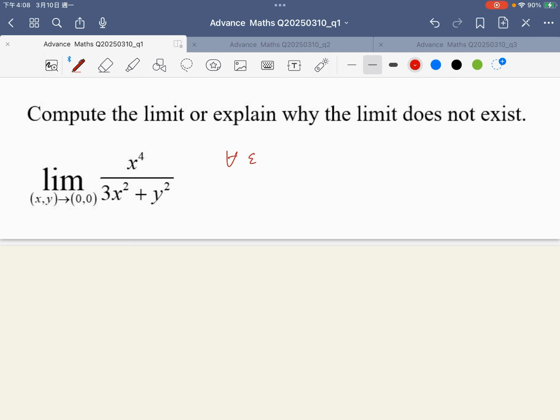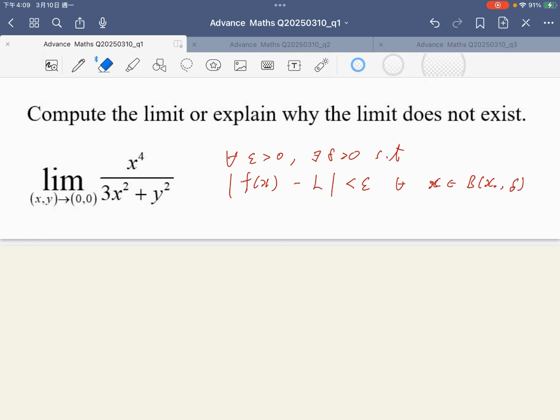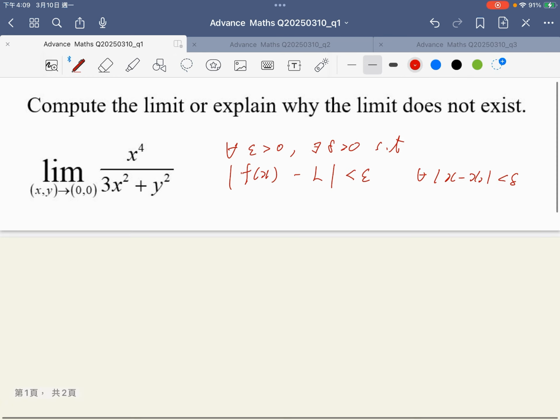For all epsilon greater than 0, there exists delta greater than 0 such that the absolute value of f(x) minus L is less than epsilon for all x in the small ball, that is, x minus x0 is less than delta.